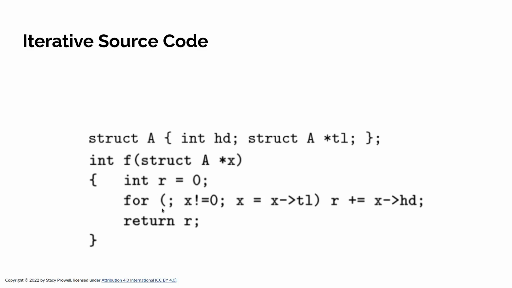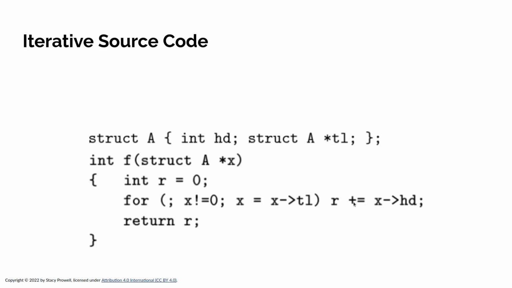And there's no initialization, which is fine. It checks to see if X is not 0. What is X? X is this pointer. So while this pointer is not null, it's going to go ahead and add the head value to R. And the head is an int, so that makes sense, right? R is an int, head's an int.